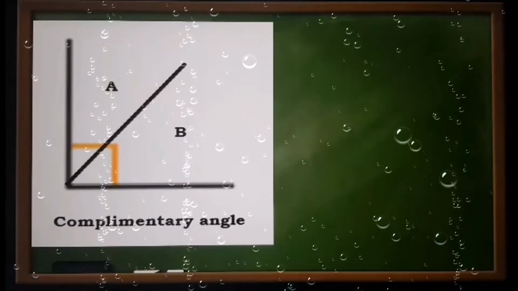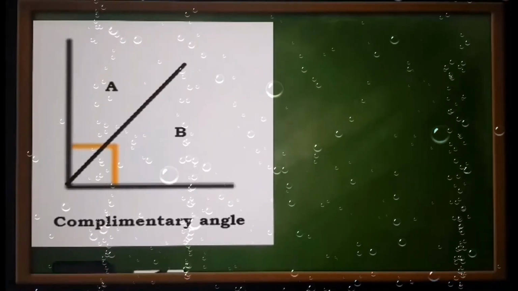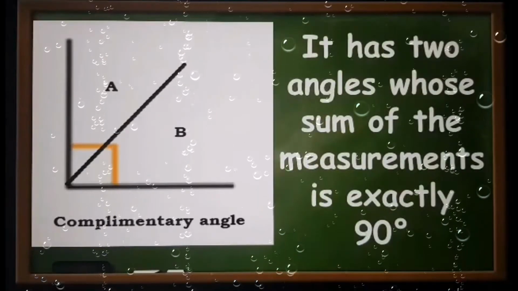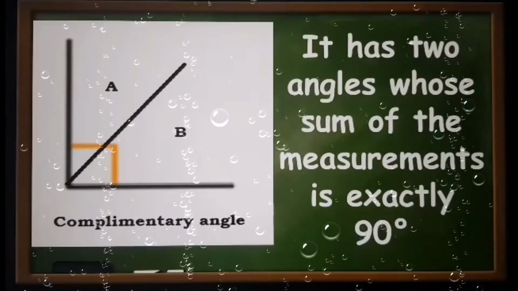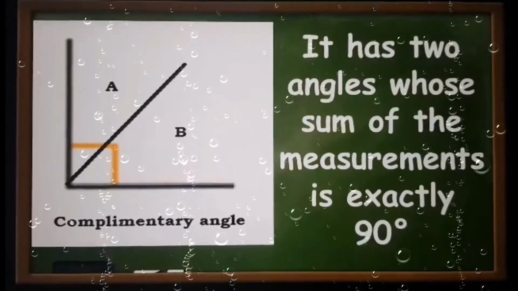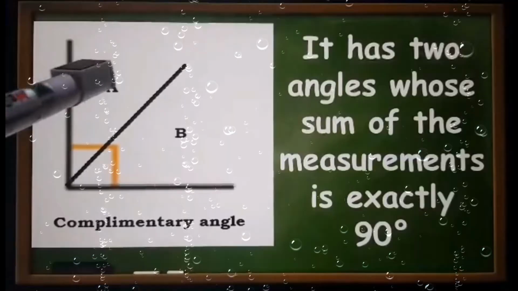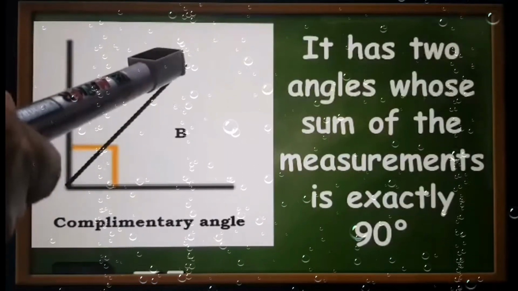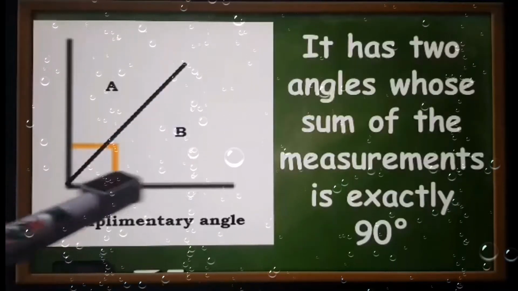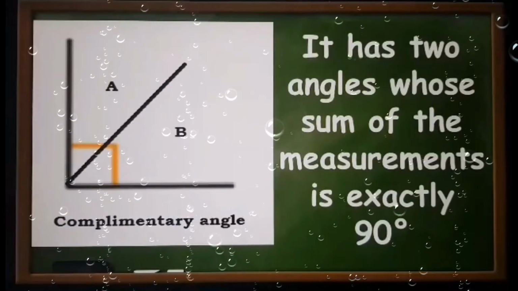Complementary angle. It has two angles whose sum of the measurement is exactly 90 degrees. For example, angle A measured 40 degrees and angle B measured 50 degrees.